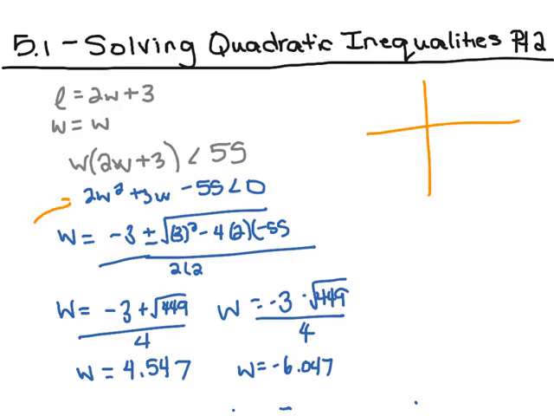So if we were to graph this quickly, we know it's positive and opens up, and our intercepts are at negative 6 and at positive 4.5. Now, because we are dealing with a word problem and we're dealing with the width, we can't have a negative width. So everything from here to here will be less than 55.